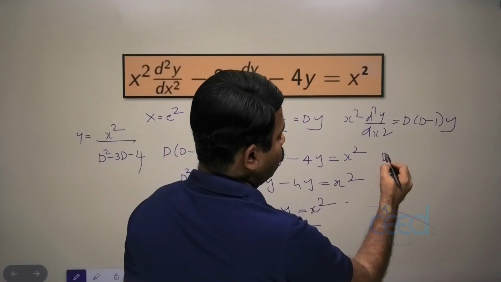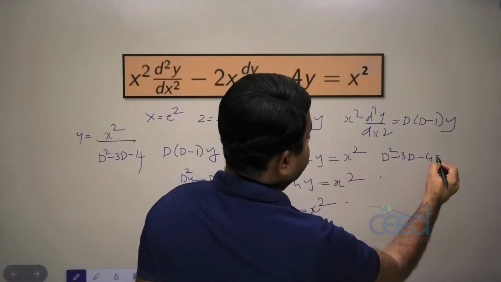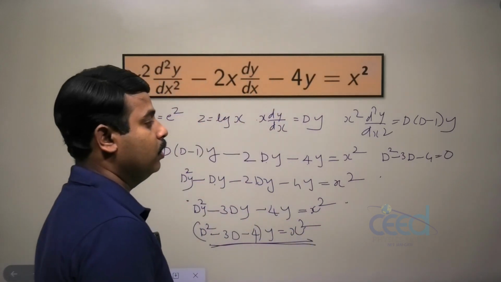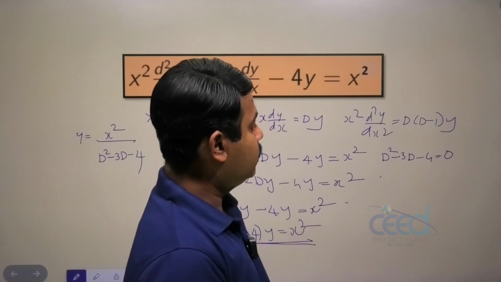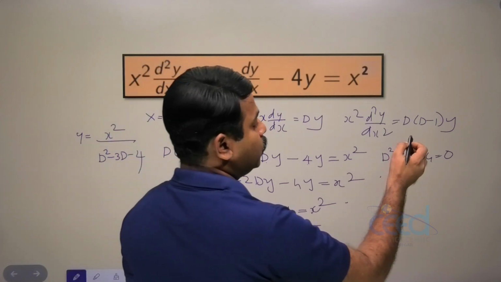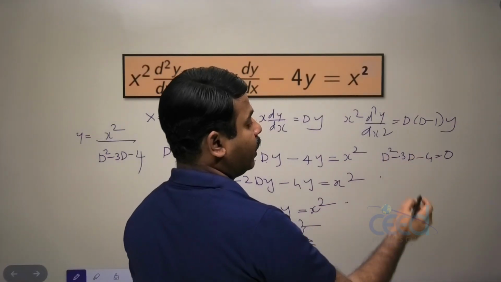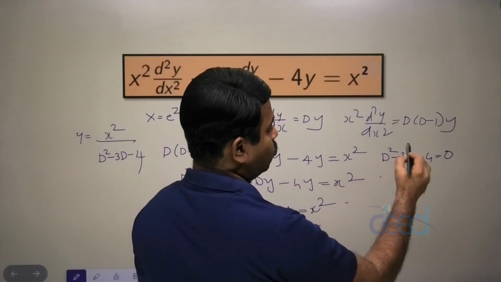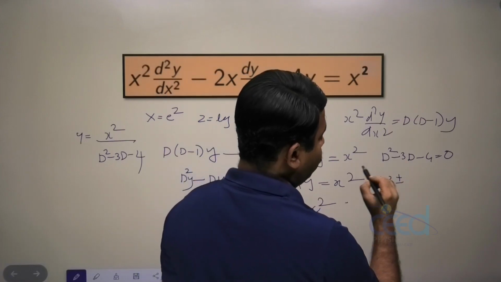First we solve D square minus 3D minus 4 equal to 0. Right. So here see, minus 1 and minus 3, so factorization is not possible. Then what is the solution?